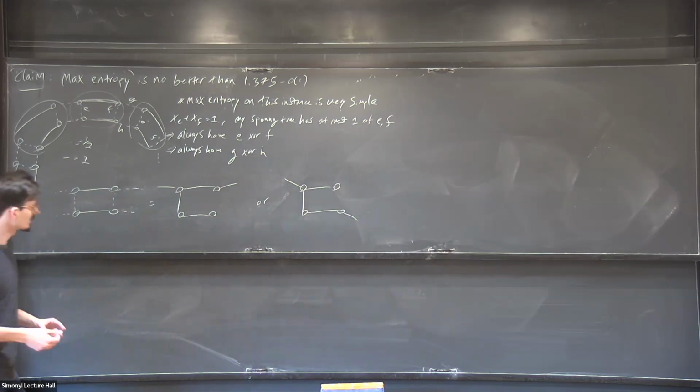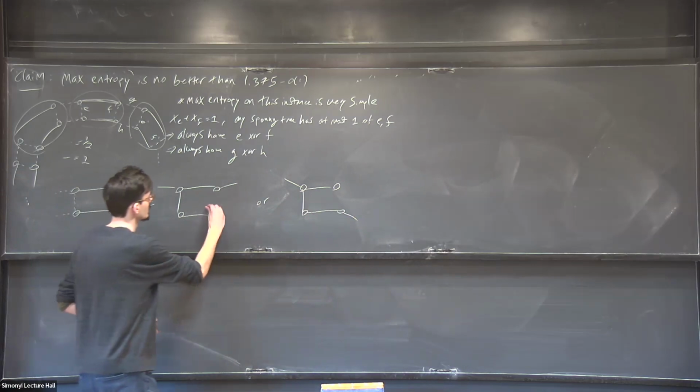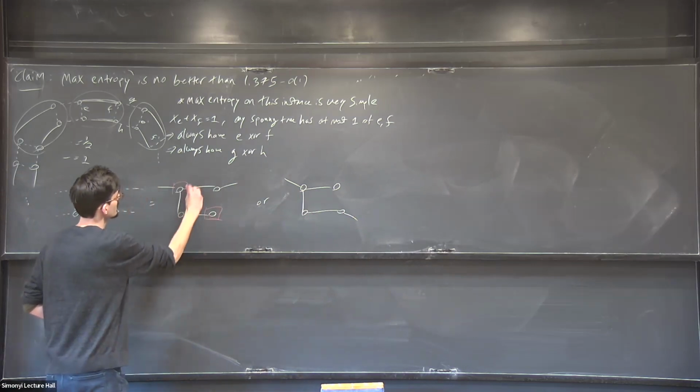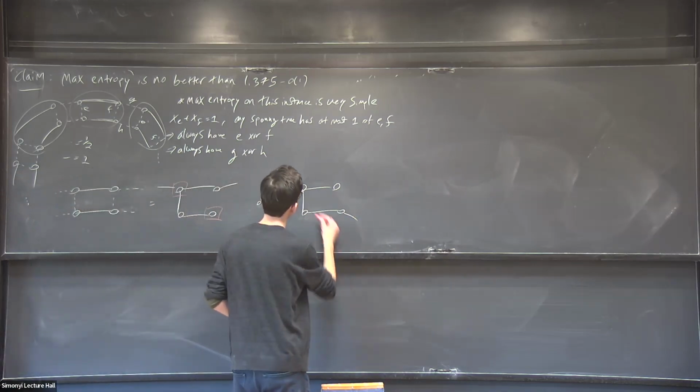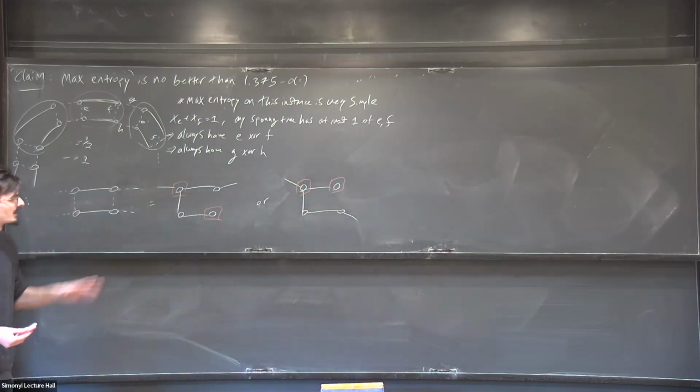Okay, but now let's look at the odd degree vertices just in these pieces. So here, this vertex is odd and this vertex is odd. And here, this vertex is odd and this vertex is odd. And this is really all that can happen up to symmetry.